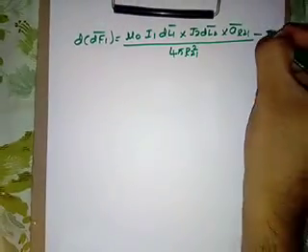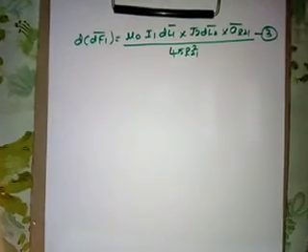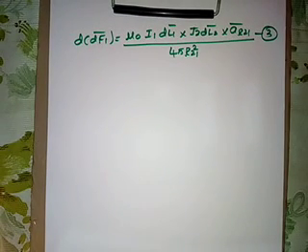Take it as equation 3. Mu naught into I1 dl1 bar into I2 dl2 bar into aR21 bar vector, divided by 4 pi R21 square. So this equation gives the force d of df1 between the two current elements.